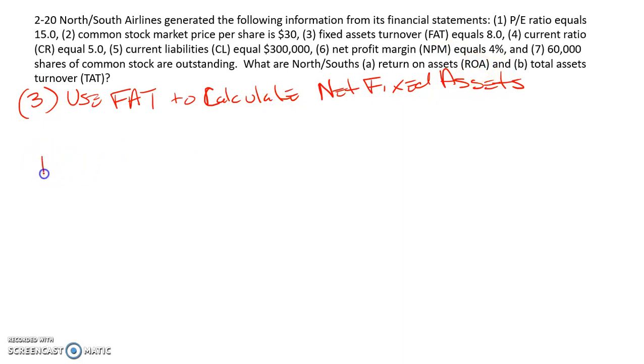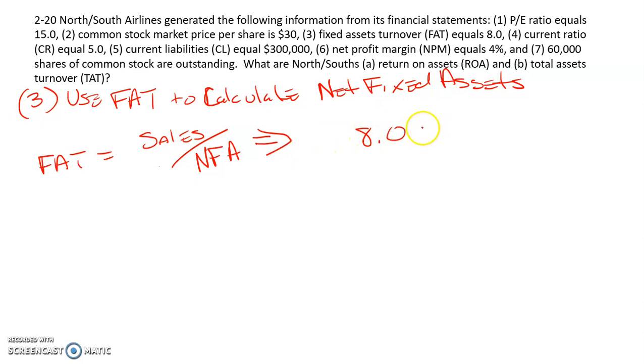Fixed asset turnover is sales divided by net fixed assets. We know that fixed asset turnover is 8. We also know that our sales are 3 million.